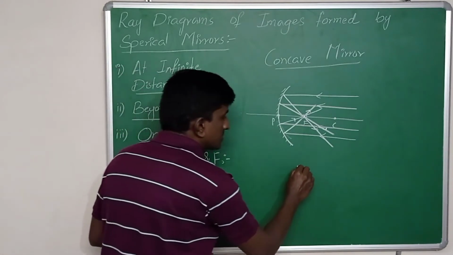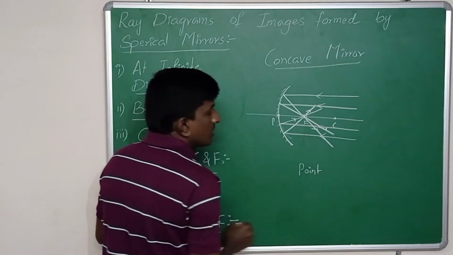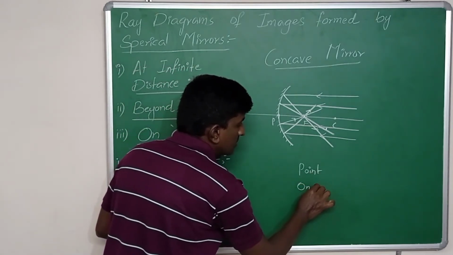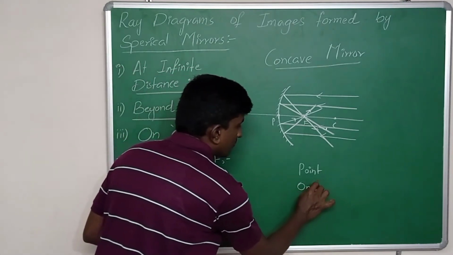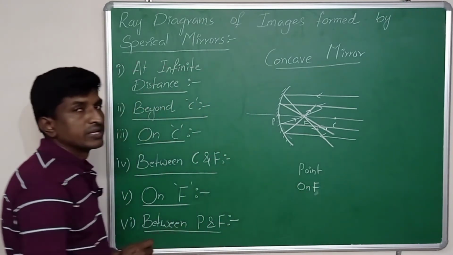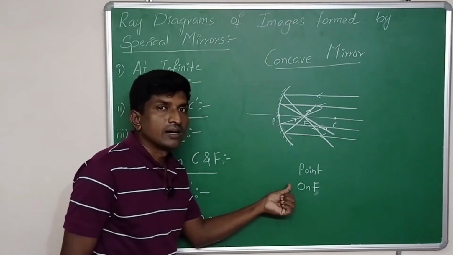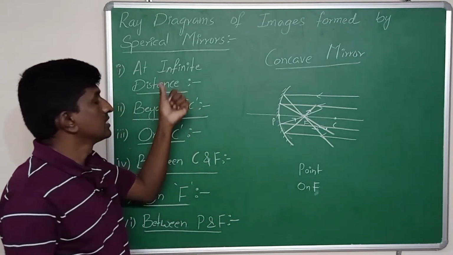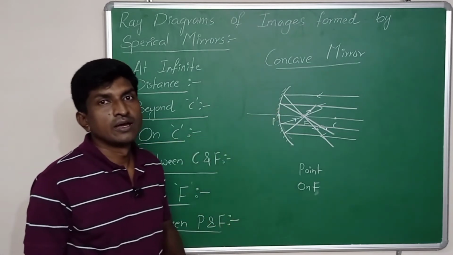The image is a point image, and the image position is on F. This is the ray diagram for the object at infinite distance from the curved mirror.